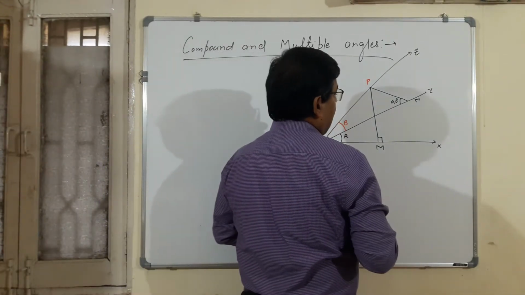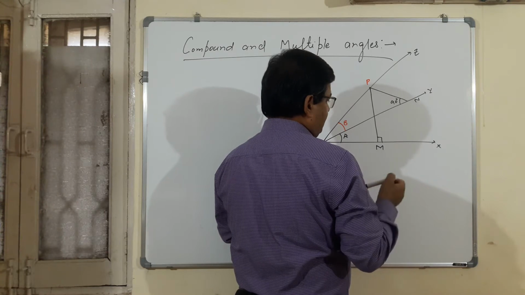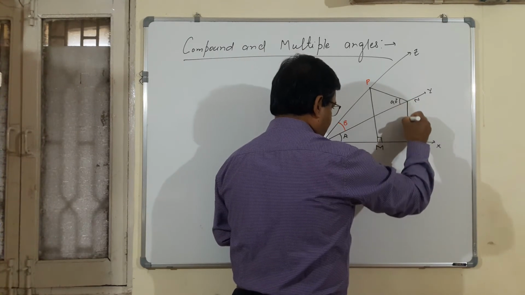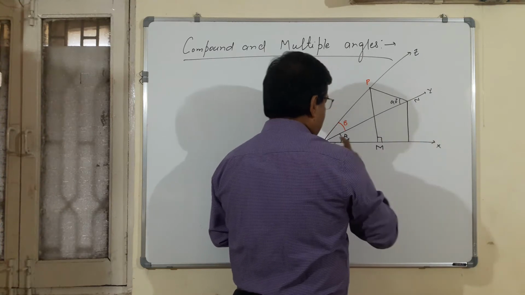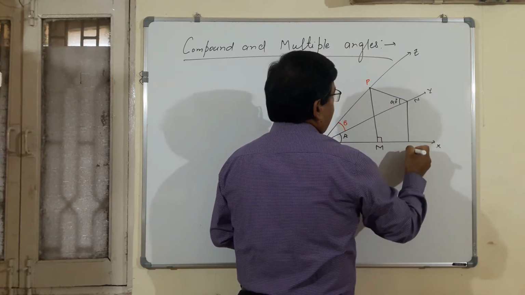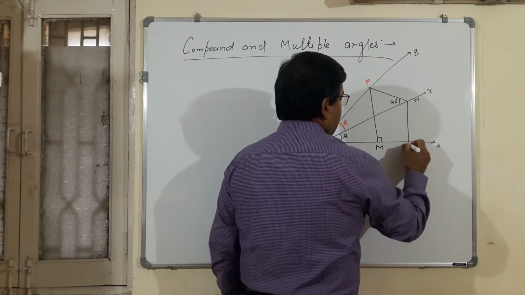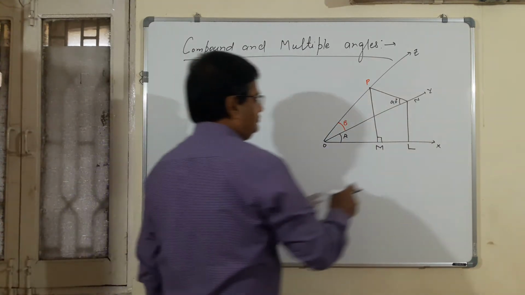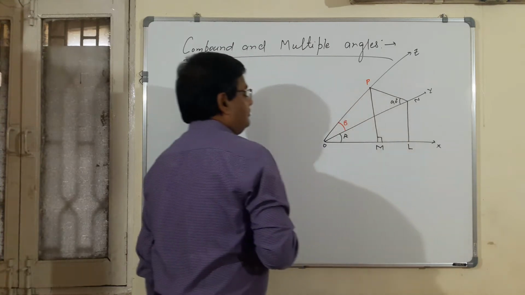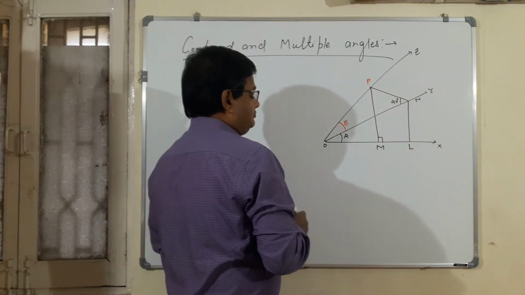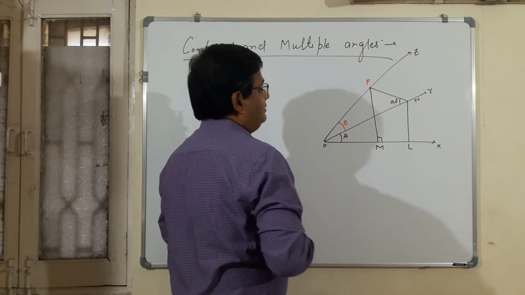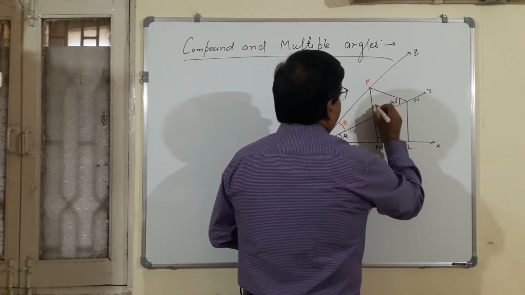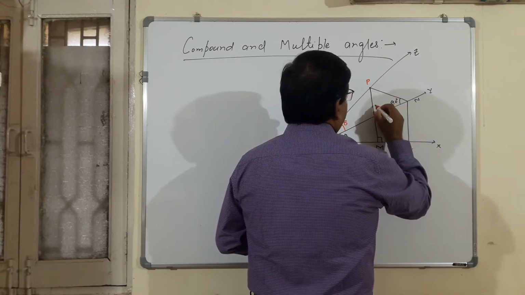Now from N, draw a perpendicular to OX. Let us call that point L. Now from N, draw a perpendicular to PN.